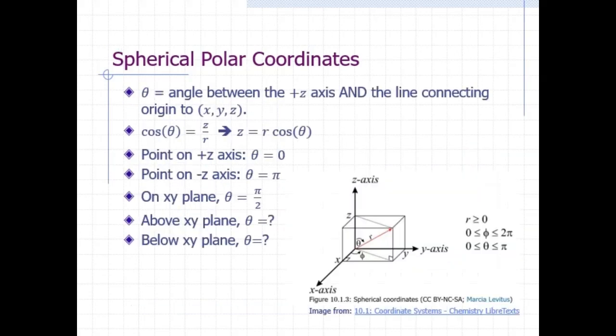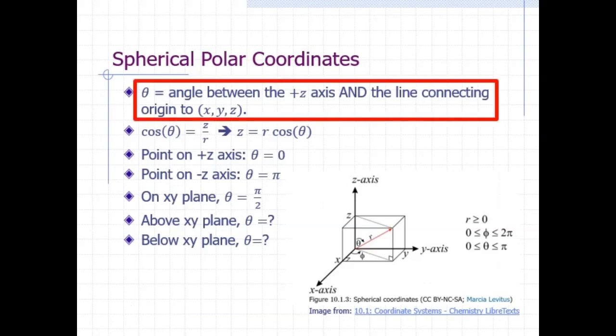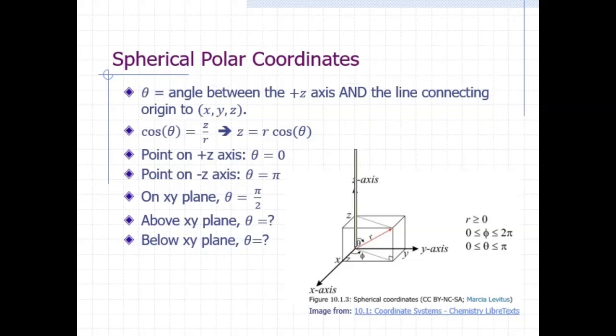Now, let's talk about the theta coordinate. The coordinate theta is the angle between the positive z-axis and the line joining the location to the origin. Here's the z-axis. For this location, here's the line from the origin. The angle between the 2 lines is theta.